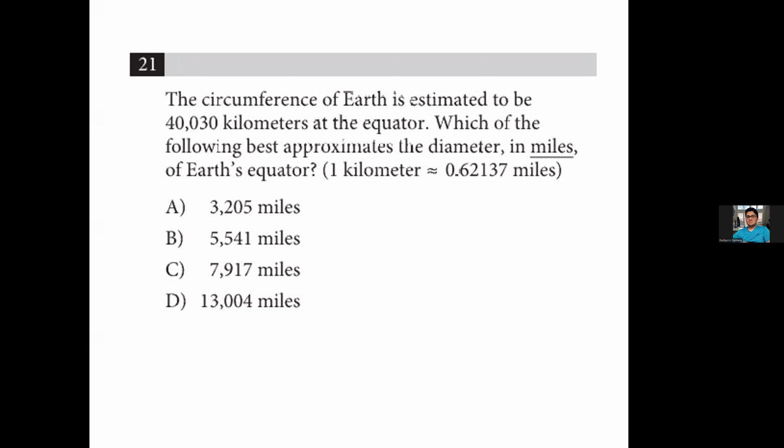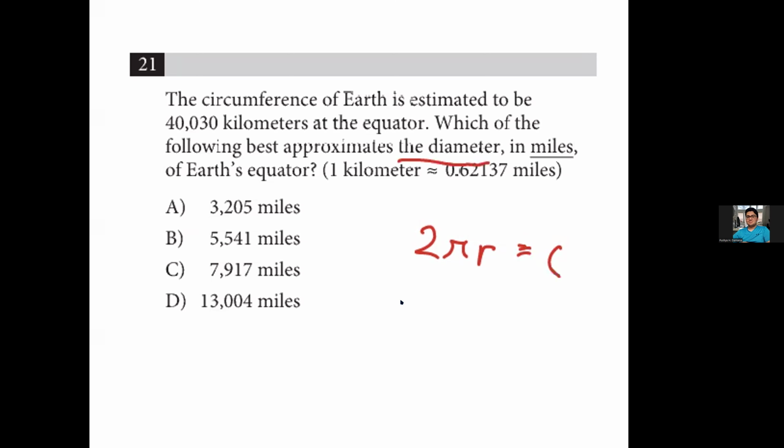Okay, so question 21. We're given a circumference and we're asked to find diameter and then also to convert between units. So the first thing we would do is the circumference formula is 2 pi r is the circumference, and it asks us to find the diameter.